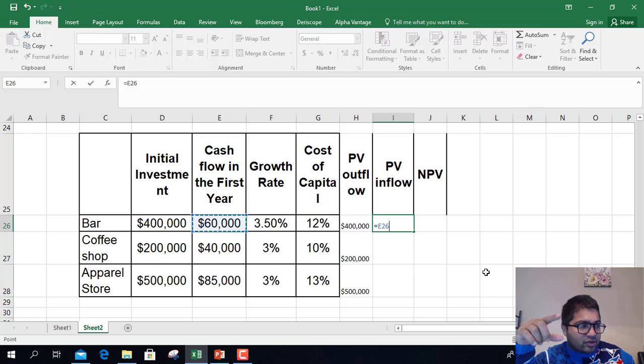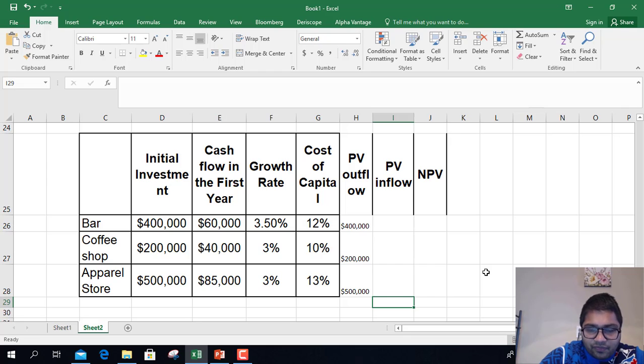This is going back to the last chapter. How do you find the present value of anything that pays you a constant, like a dividend every year, and it grows? I'll write down the formula and then we'll solve it.